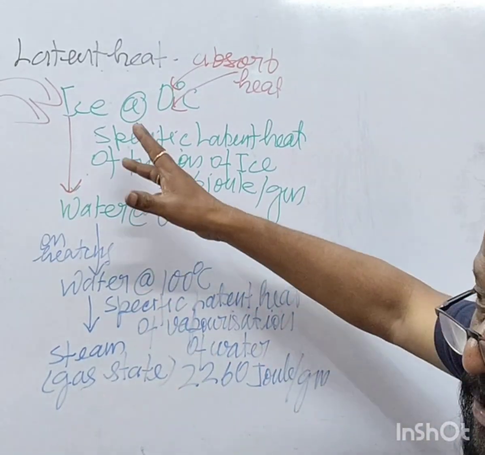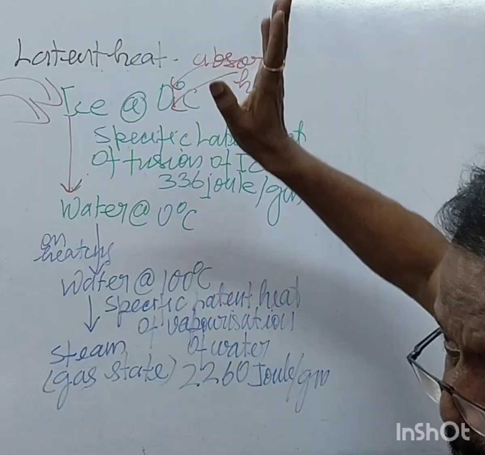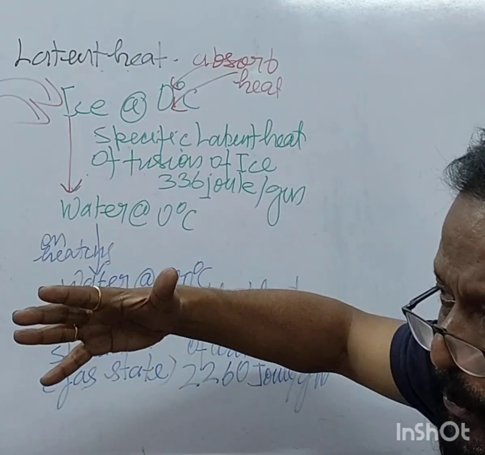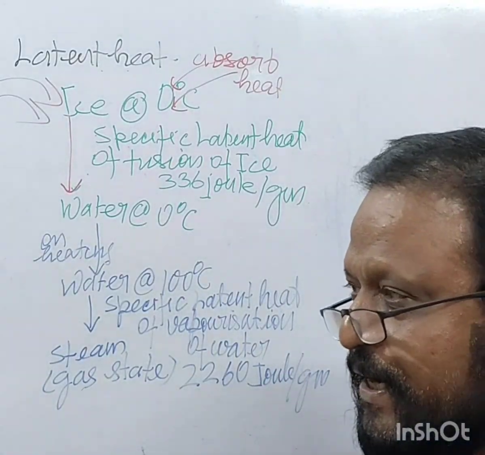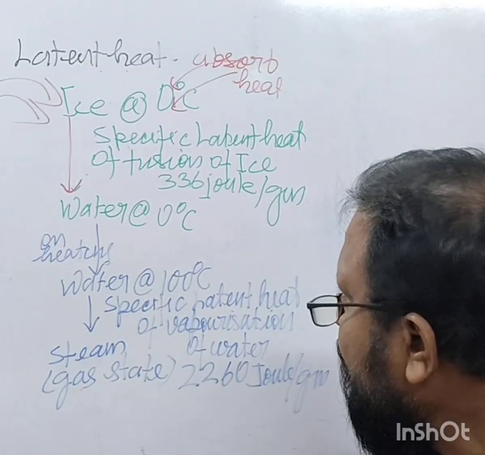When ice melts, what happens? It absorbs heat from the surroundings. The temperature of the surroundings goes down, so suddenly it gets cold.